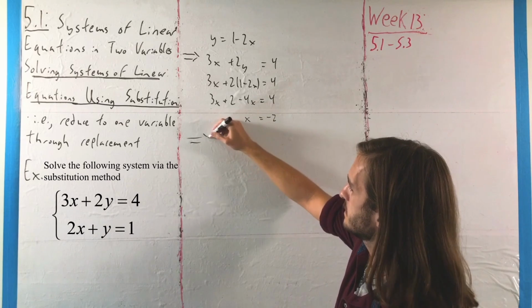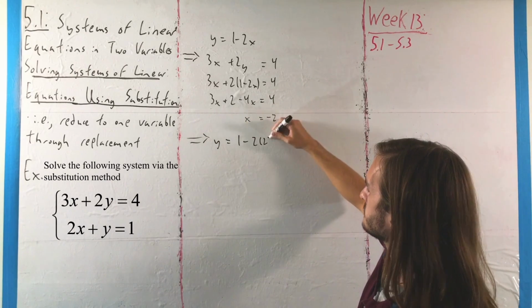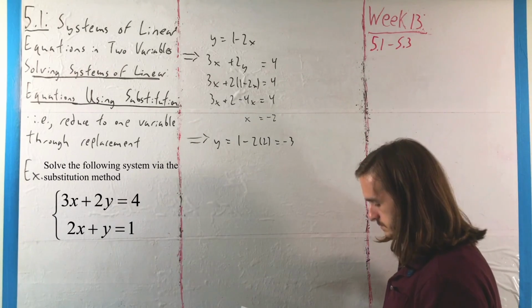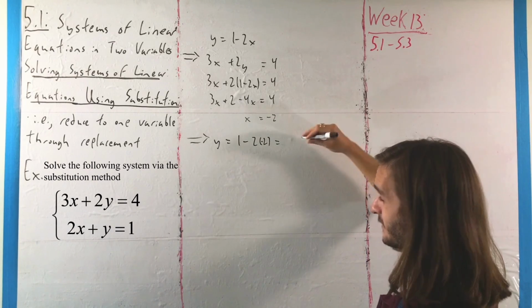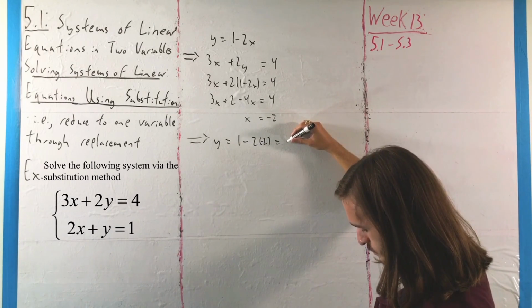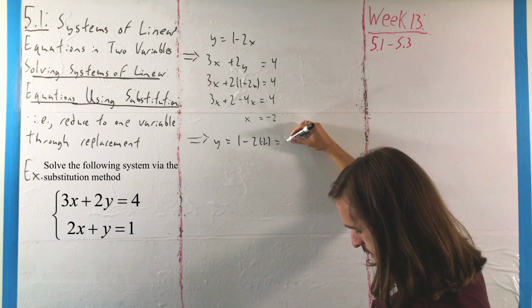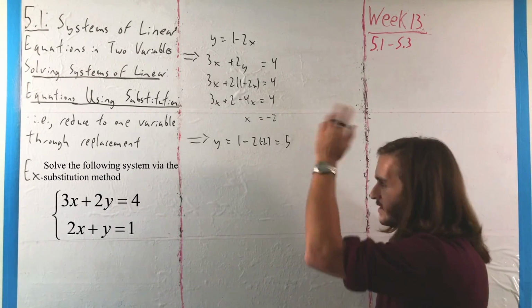So I'm going to take x equals negative 2, and we'll have y is equal to 1 minus 2 times negative 2, or y is equal to 1 plus 4, which is 5. I lost my confidence there because I lost that negative.